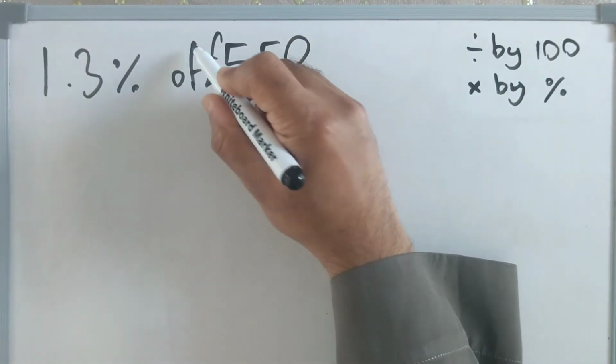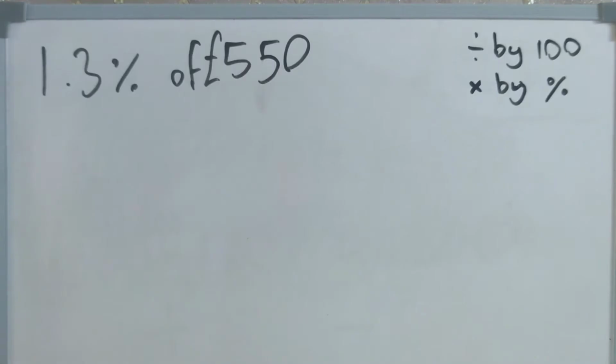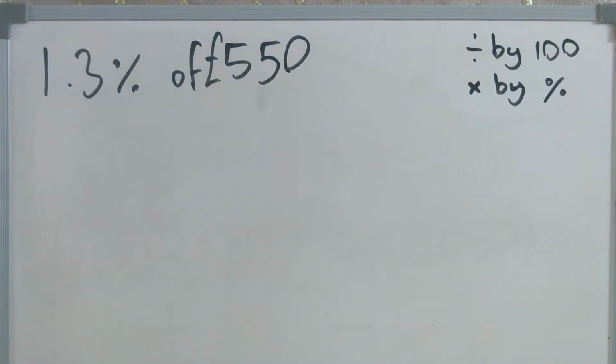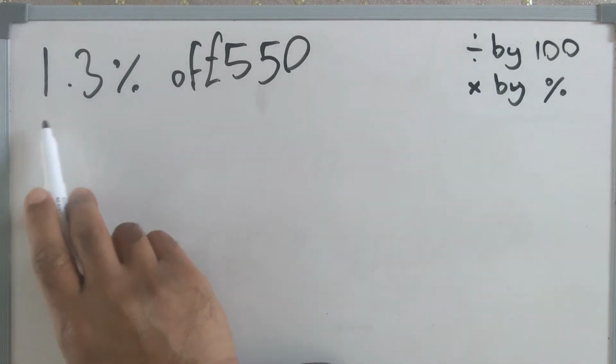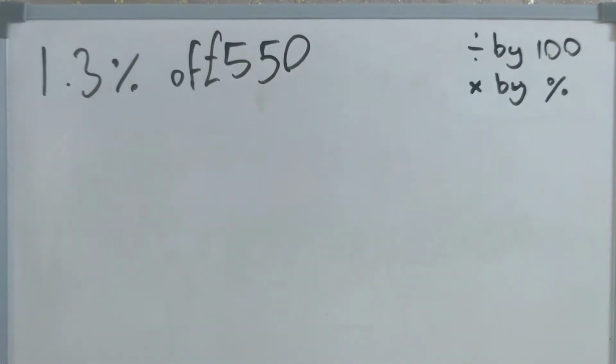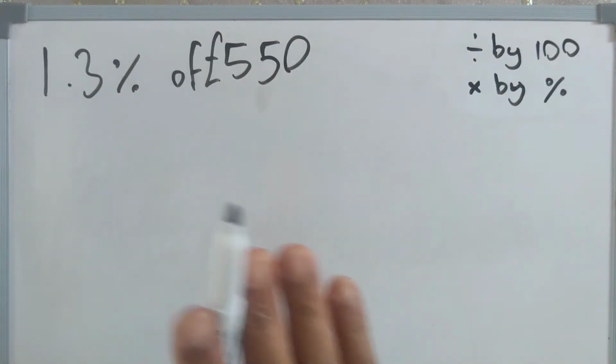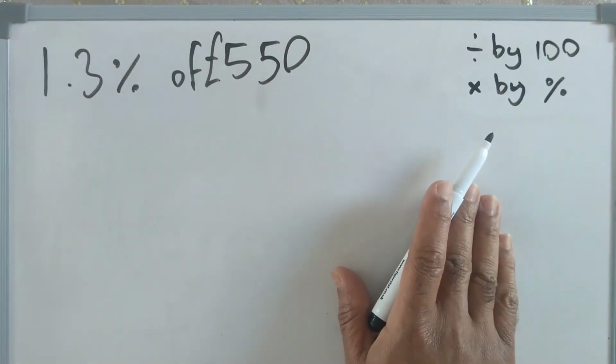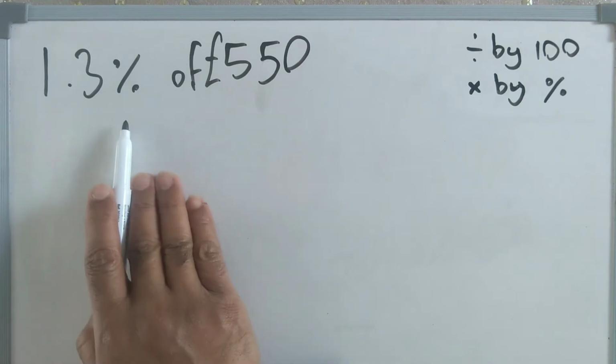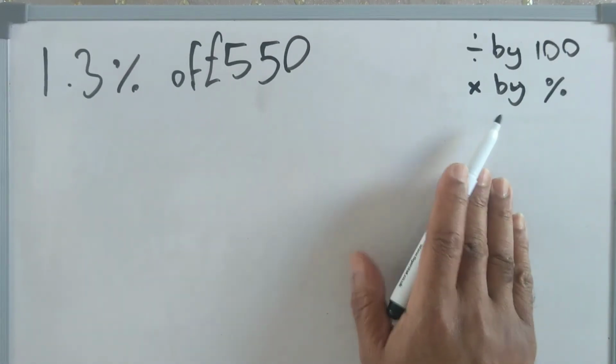Okay, so we might come across decimal percentages in everyday life, for example, on interest rates. If you're receiving interest on some savings, or if you're paying interest, you'll probably come across decimal percentages. Using this method, there's nothing to worry about with a decimal percentage. We just apply the same rule.